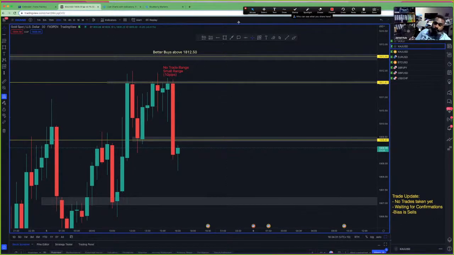So here's what I'm thinking: if we start coming back down and breaking our lows again, we can have stops somewhere in this range over here, anticipating price to respect the support level that we break out of. Then we could potentially drive down to this next support level over here, 1807. That's what I'm thinking.